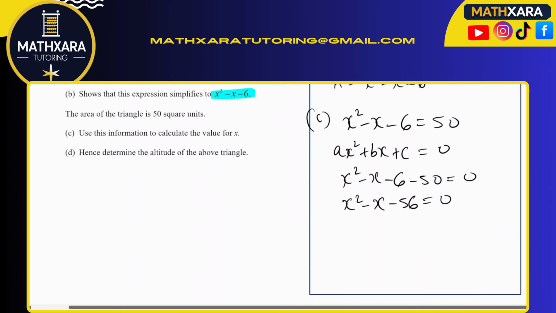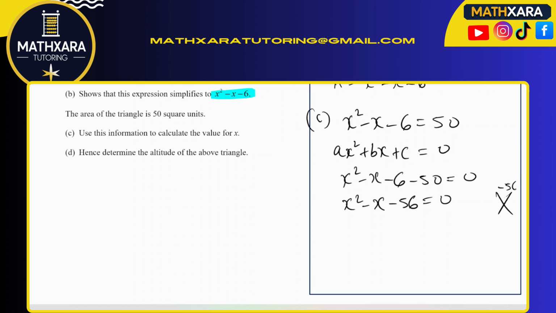Now we could factorize this quadratic, but what we need here is two numbers that multiply to negative 56 and add to negative 1. If you notice, this is a negative 1x, which is the coefficient of our middle term, our b term.